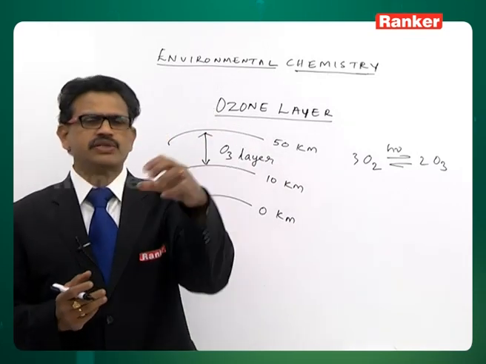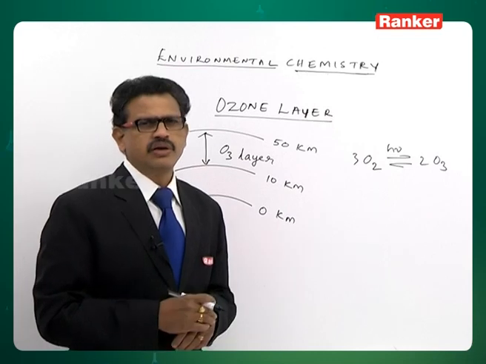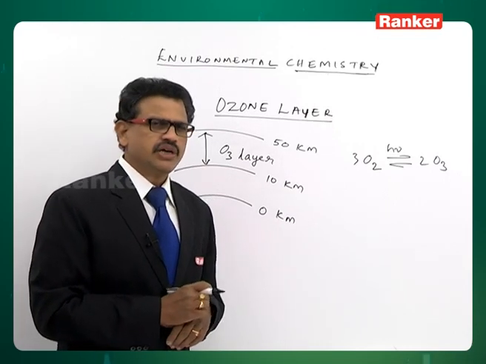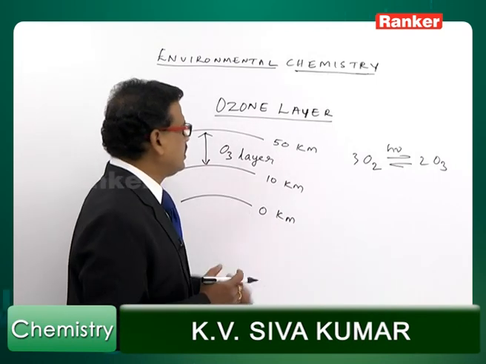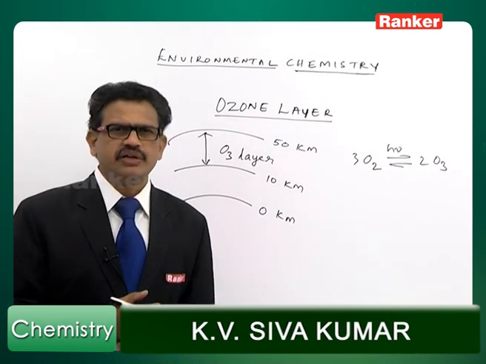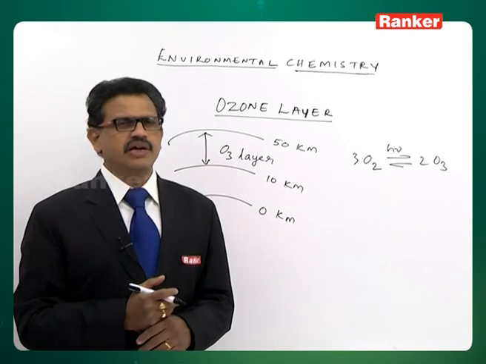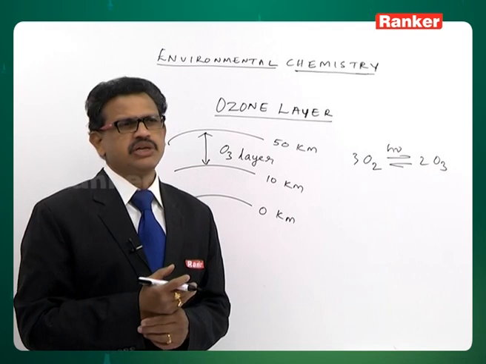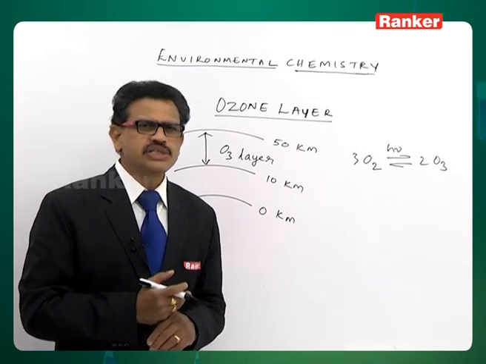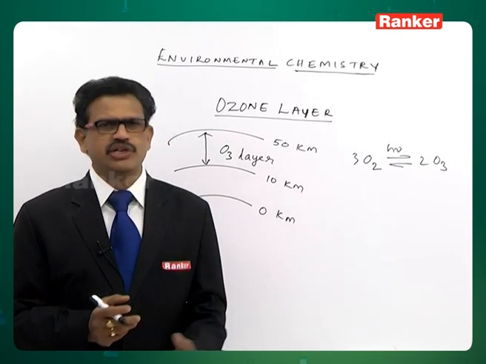The holes are because of many air pollutants reaching the 10 to 50 kilometers stratosphere and continuously attacking the ozone molecules, causing holes in the ozone layer, that is, depletion in the ozone layer.